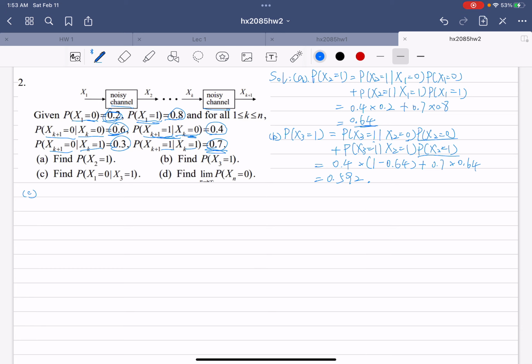That's the third part, which is to find the probability that x1 equals 0 when x3 equals 1.